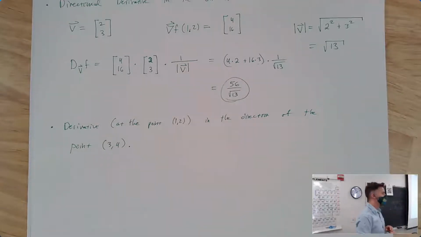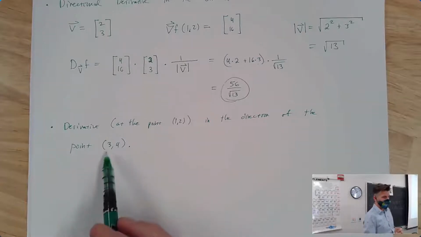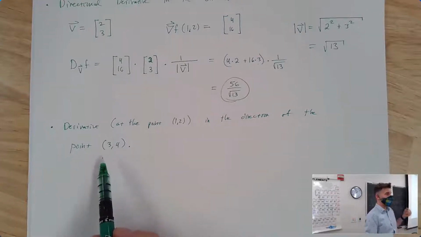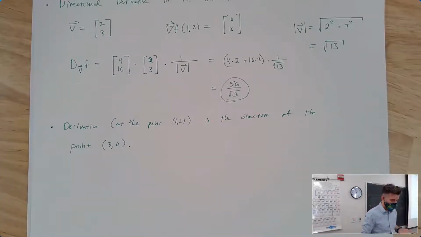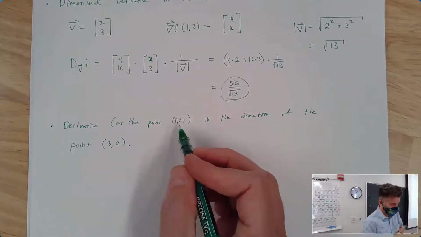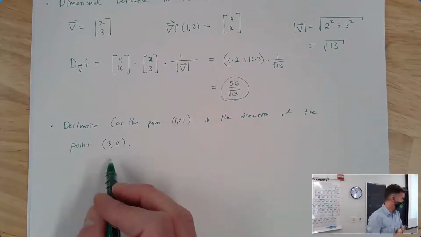And the mistake people usually make with this sort of phrasing is thinking that that's the vector that we're going in the direction of. That's not the vector that we're going in the direction of. We're not going in the direction of the vector 3, 4. We're going in the direction that takes you from the point 1, 2 to the point 3, 4.